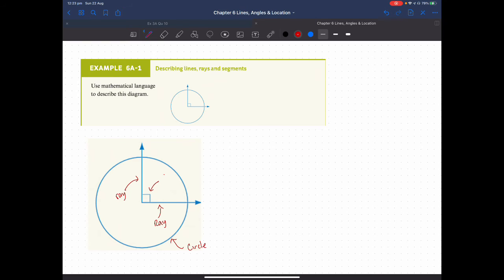They have 90 degrees between them, which means that the rays are perpendicular. And we know where the two lines meet, it is at the center of the circle.